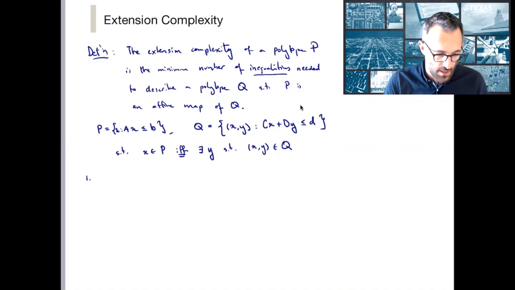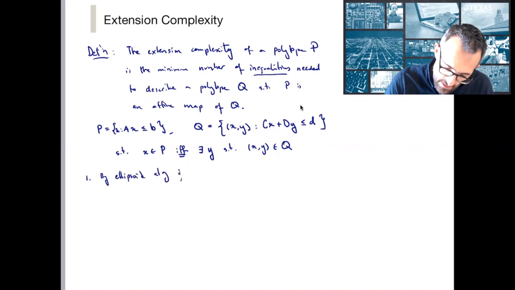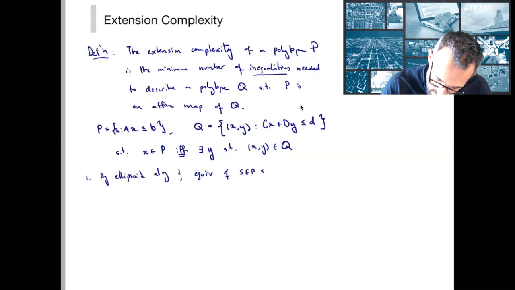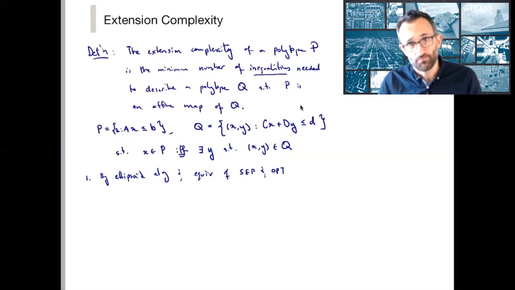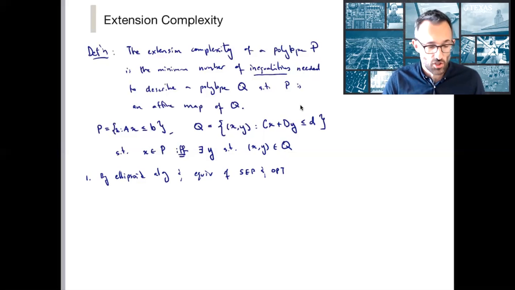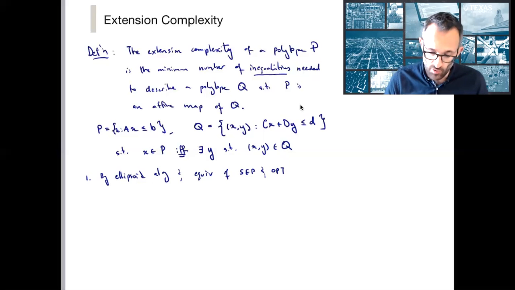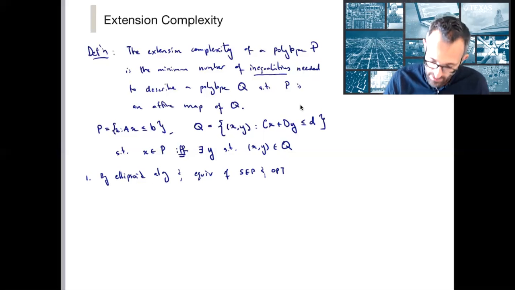So let me write some of these points down here. First of all, by the ellipsoid algorithm and the equivalence of separation and optimization, we know that a linear optimization problem is efficiently solvable if and only if there exists a polytime separation oracle. This statement has nothing yet to do with extension complexity.